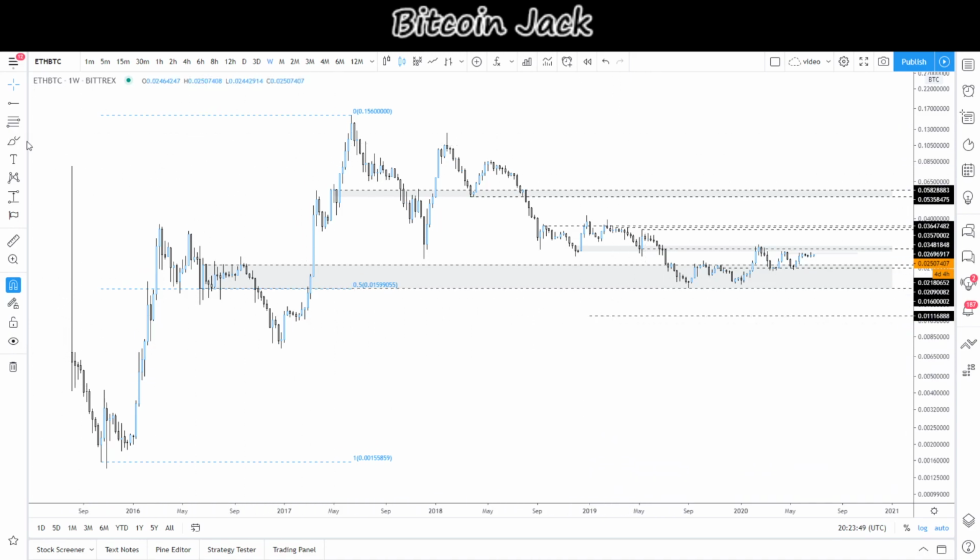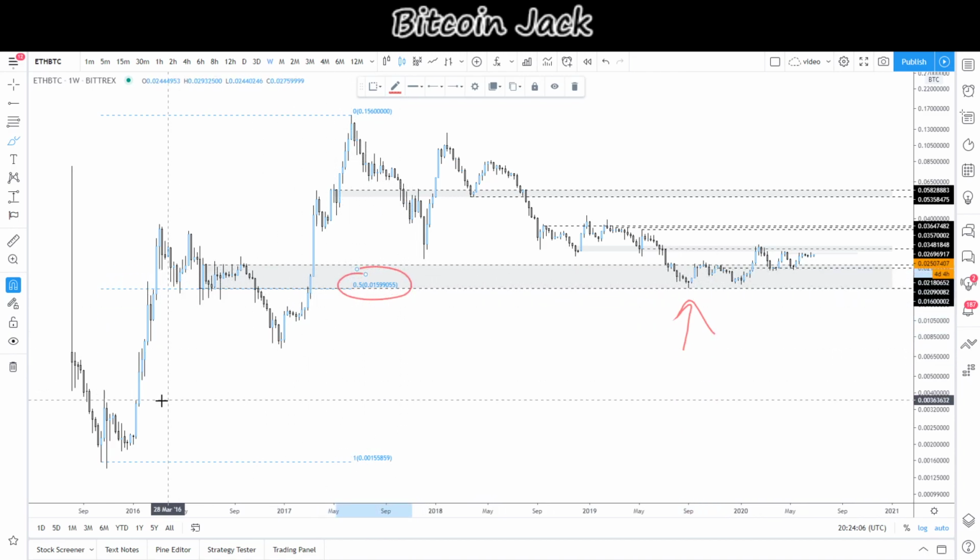A few things to note on this chart, and we're not going to take as much time as the Bitcoin chart to set everything up, is the retest back in September 2019, right there on the logarithmic mean of the 2015 bottom and the 2017 top.